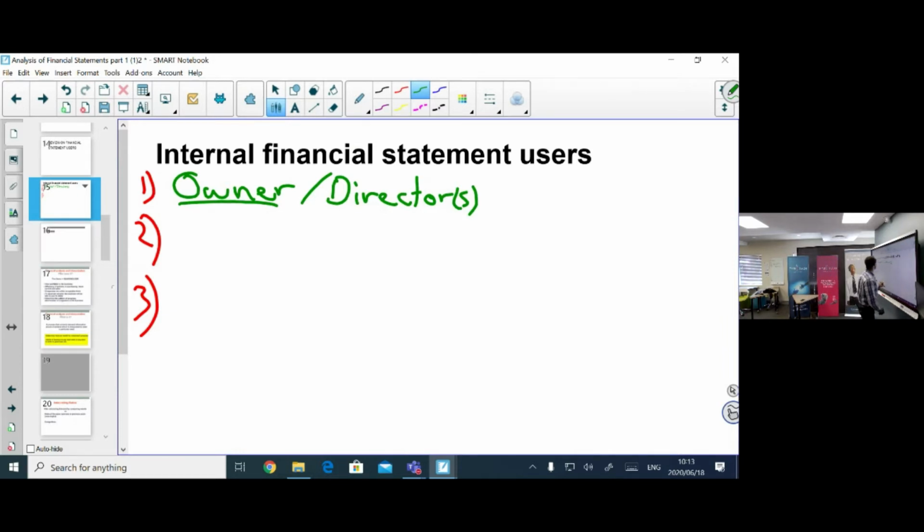And here also the shareholders. Yes, shareholders.